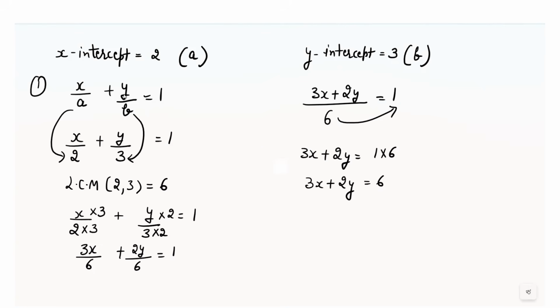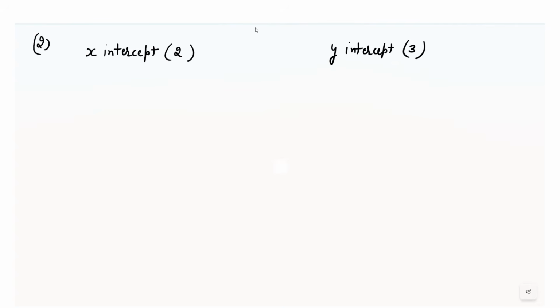Now let's understand the other two ways to find the equation of a line. In the second way, the x-intercept is given as 2, so we can write it as (2, 0), and the y-intercept is given as 3, so we can write it as (0, 3).